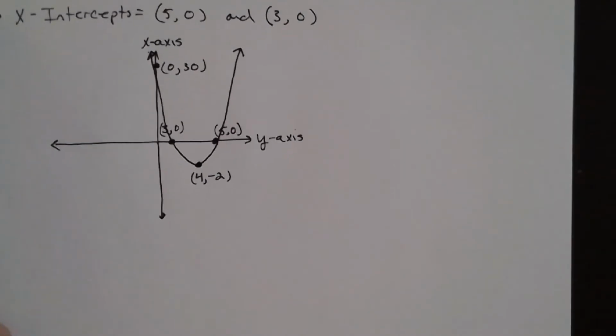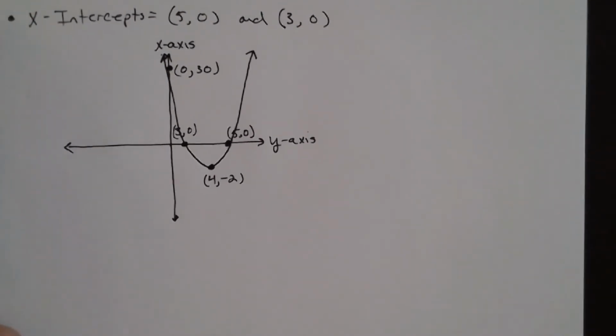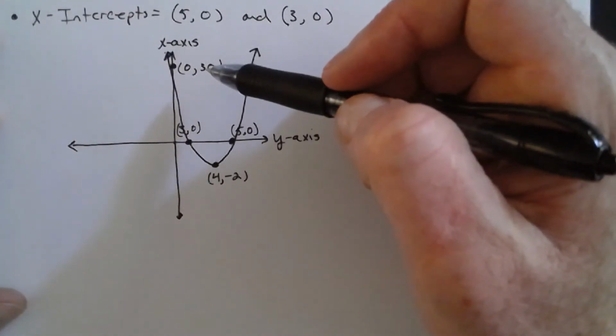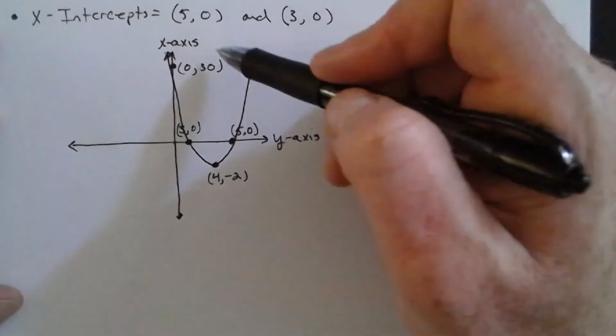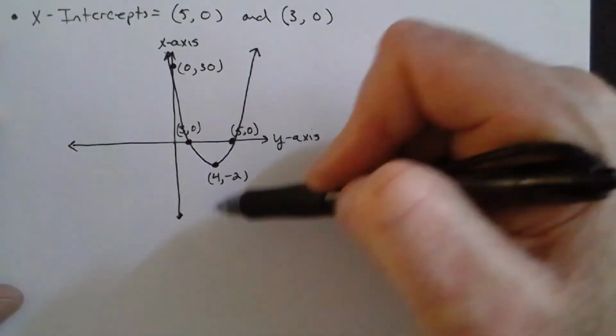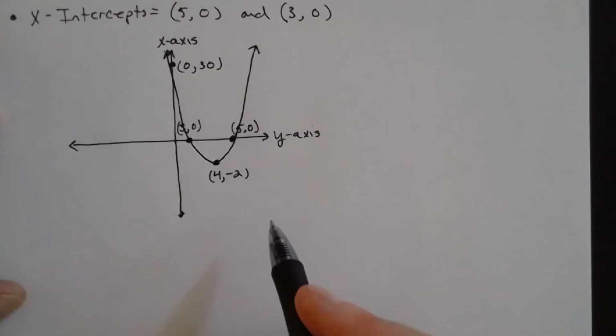What is our axis of symmetry? The axis of symmetry. Is there symmetry to this graph? Yes. At what line? It's a vertical line. X is equal to 4.